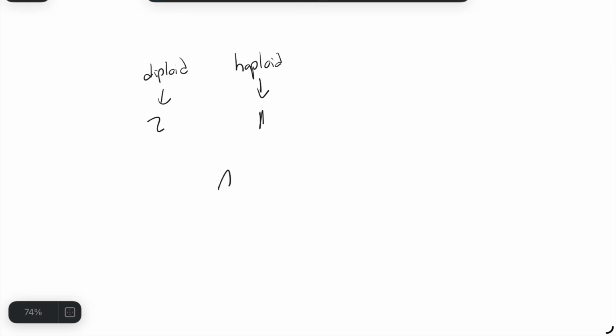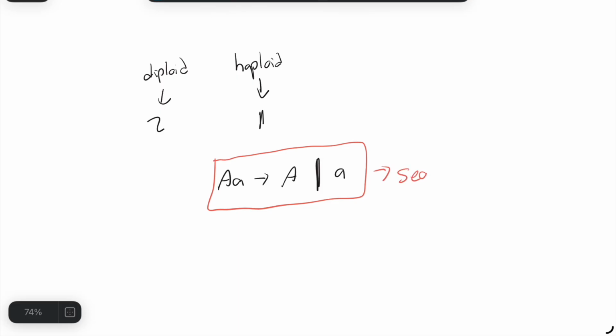So we may go from a heterozygous capital A lowercase a to a split where one gamete has a capital A and the other one has a lowercase a. And then only one of those will end up being fertilized. This concept is Mendel's first law, or the law of segregation. In this idea, when an egg is fertilized by a sperm, the 1 allele from the egg and the 1 allele from the sperm will come together and form that diploid gene combination for the offspring.